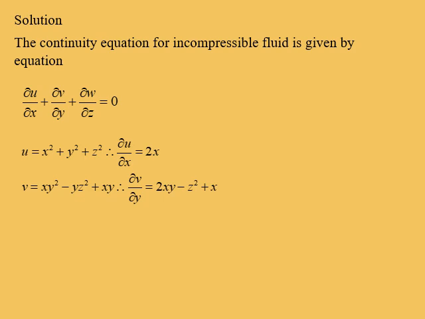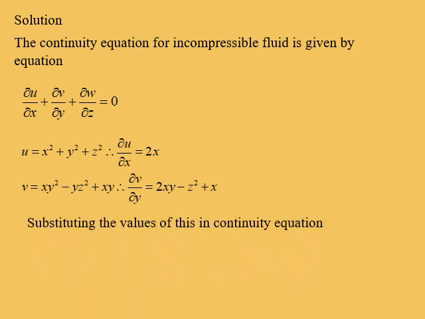Now here, in the first case, the velocity component u is given: u = x² + y² + z². Therefore, differentiating with respect to x, ∂u/∂x = 2x. The second velocity component is v = xy² − yz² + xy, and differentiating with respect to y, ∂v/∂y = 2xy − z² + x.